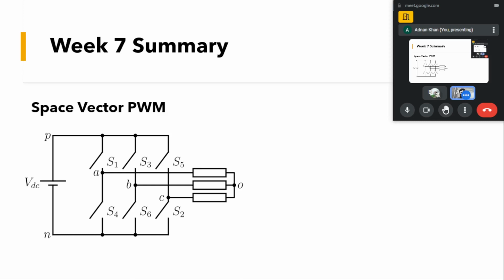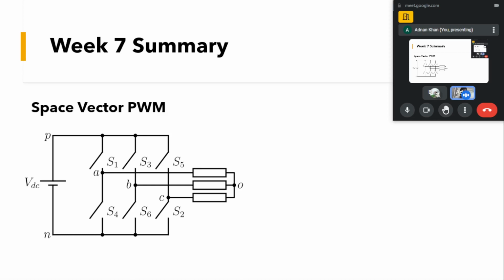In the previous week, we saw how we operate this three-phase inverter, and we had seen the sine PWM modulation technique for this three-phase inverter, by which we are able to generate three sinusoidal voltages at the output.